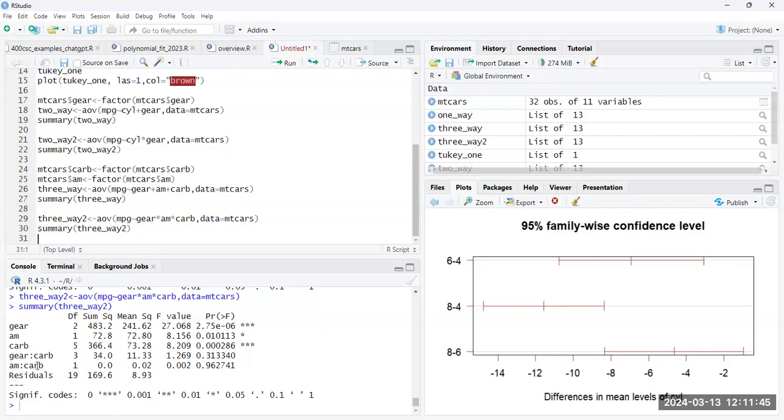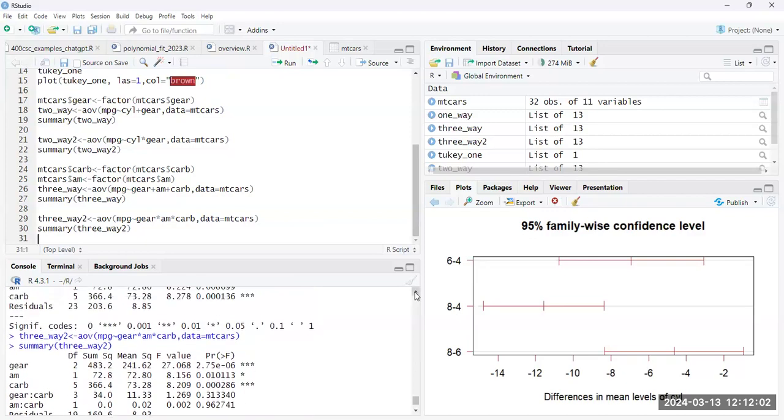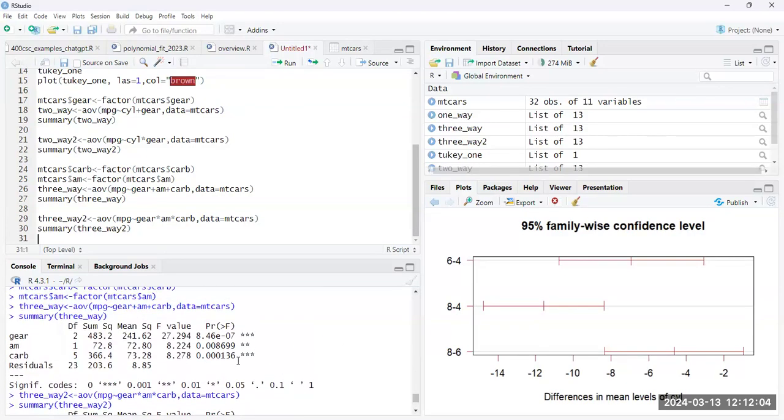But what we can see is that our interaction terms in this case are not statistically significant. And so this suggests that the interaction terms are not significant even when they occur, and we don't actually need them. The main effects from our previous model do the job quite nicely in terms of modeling our MPG.